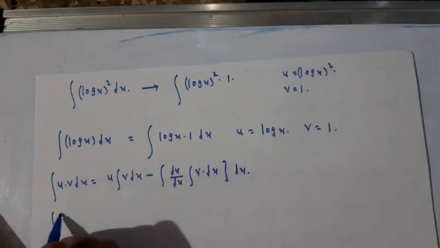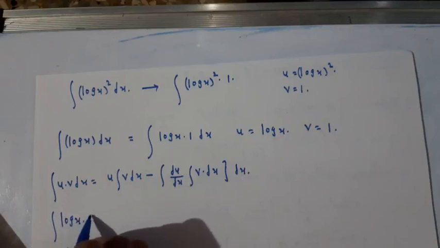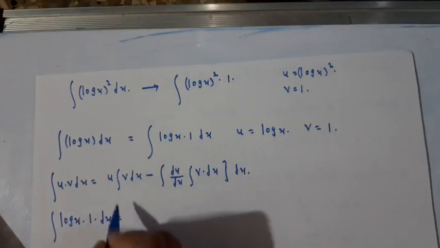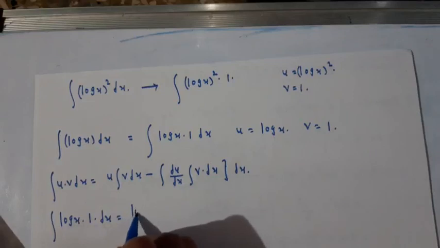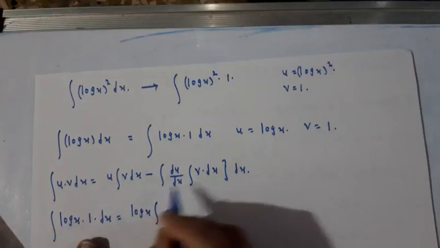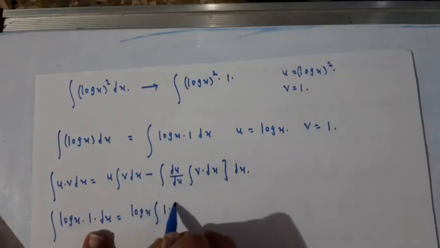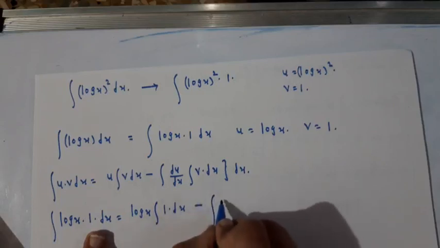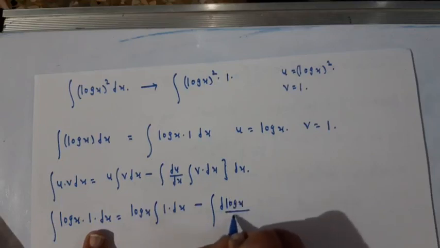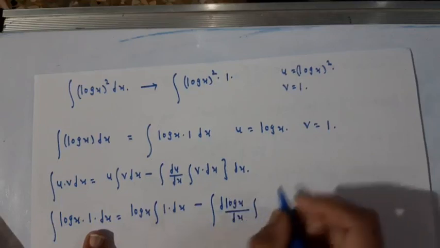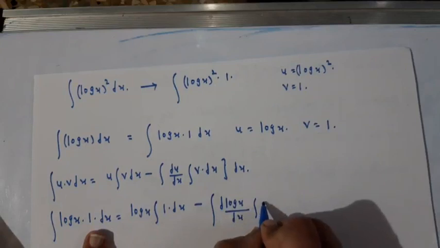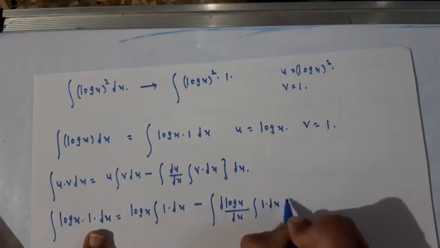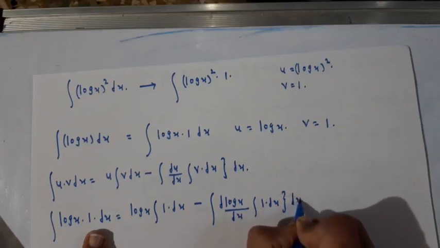So here integration of log of x into 1 with respect to x. So u is log of x, so log of x into integration of v, that means integration of 1 with respect to x, minus integration of differentiation of u, that means differentiation of log of x with respect to x, into integration of v, that means integration of 1 with respect to x, and whole with respect to x.